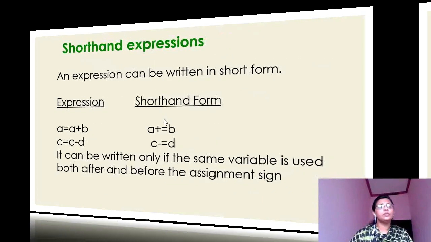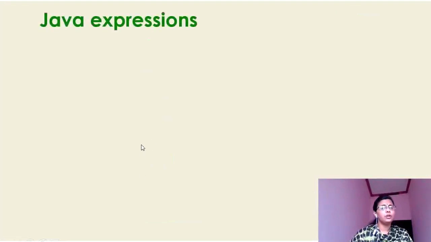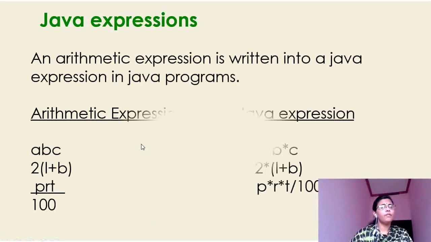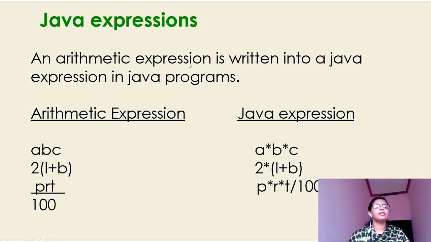Next we go with Java expressions. Now what is a Java expression? We have learned arithmetic expressions, meaning expressions which make use of arithmetic operators. But when you write them into a program in Java, you must follow certain rules. That means you have to convert those arithmetic expressions into an expression which your compiler understands.